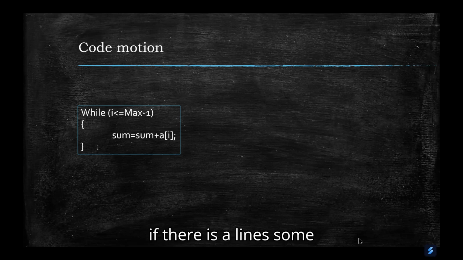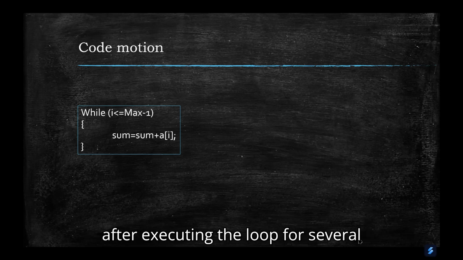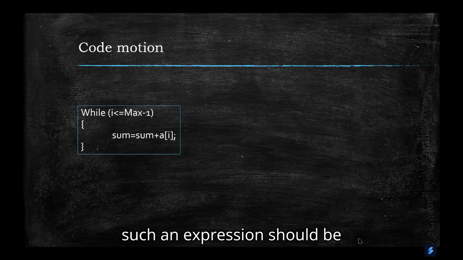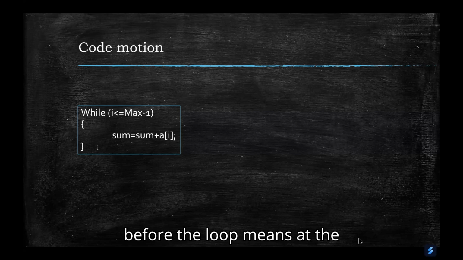If there are some expressions in the loop whose results remain unchanged even after executing the loop several times, then such an expression should be placed just before the loop, that is outside the loop. Hence, before the loop means at the entry of the loop.